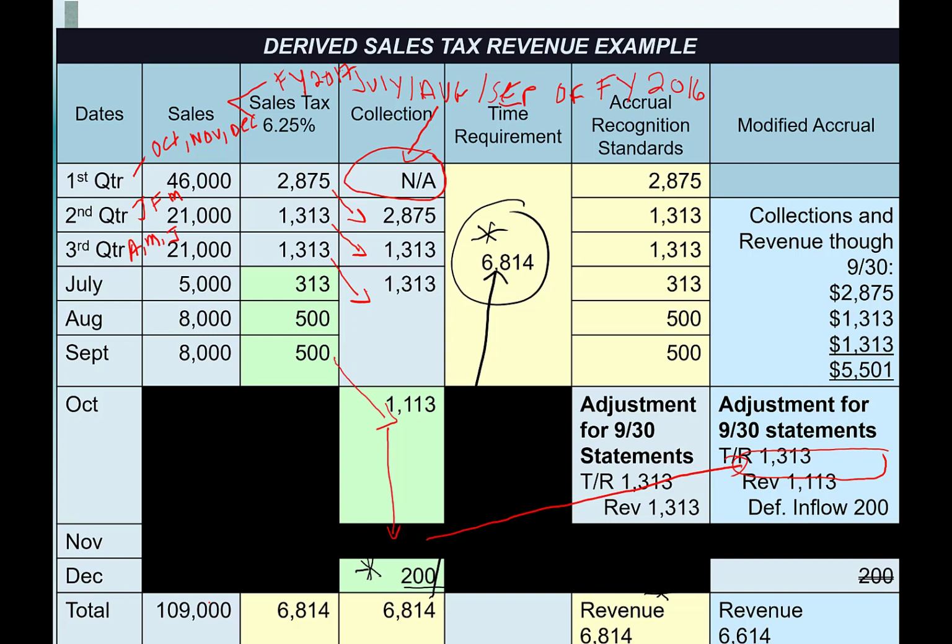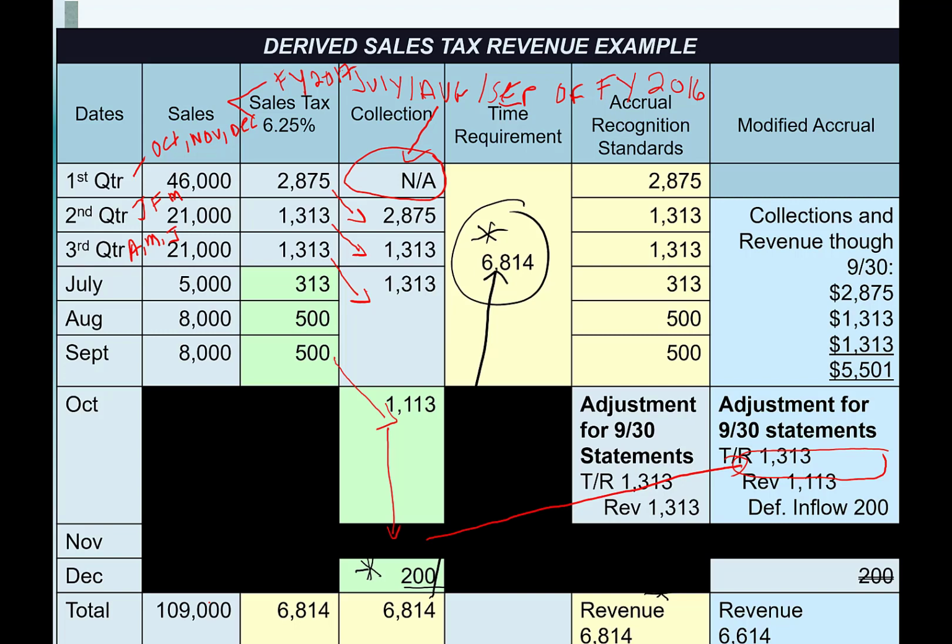Okay, so we have our first quarter sales. We have sales tax of 2,875. They collect that in what? In the second quarter, but the underlying transaction took place in 2016, didn't it? So this is 2016 money. And since they collected it within 60 days of 2016, it can also be recognized as revenue for what?